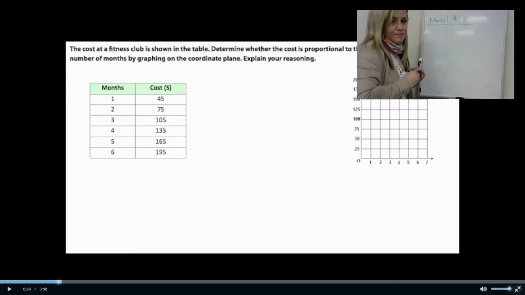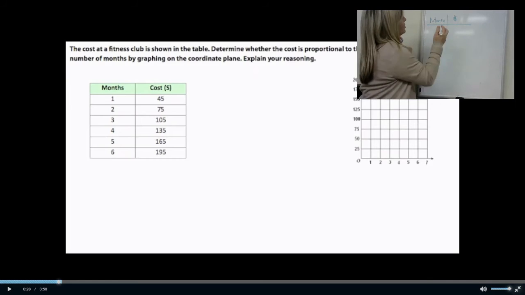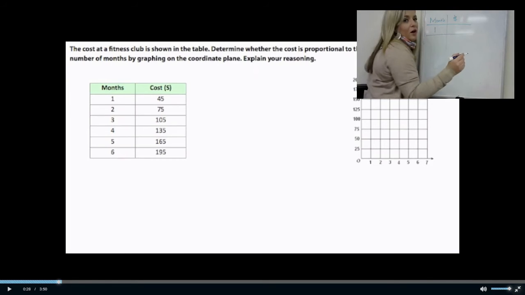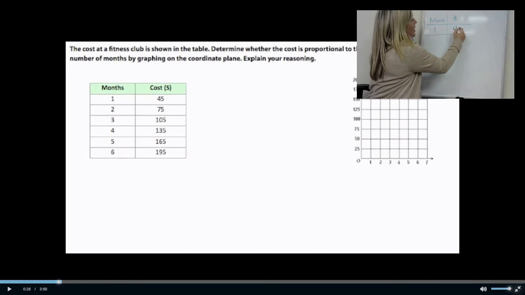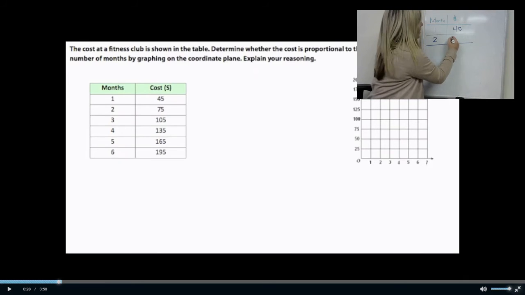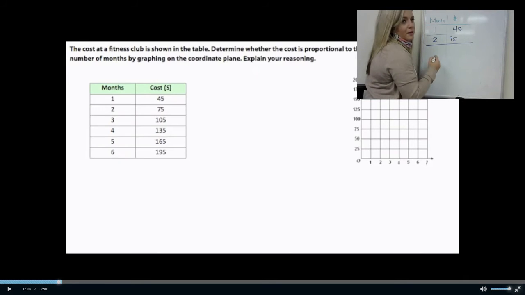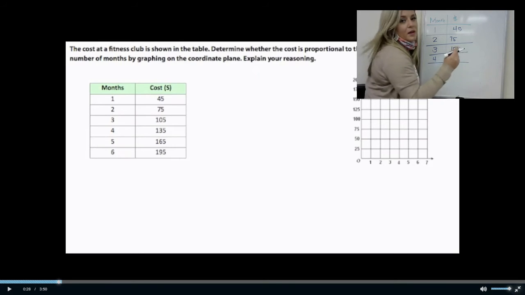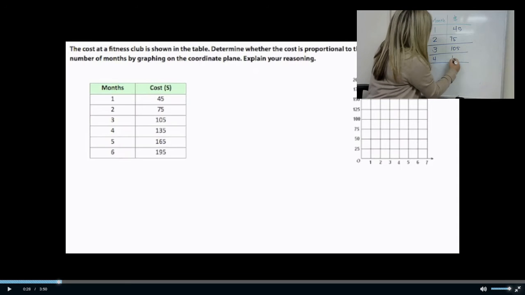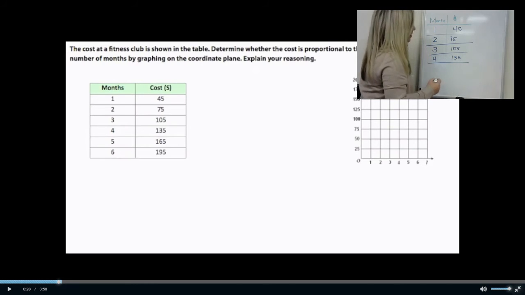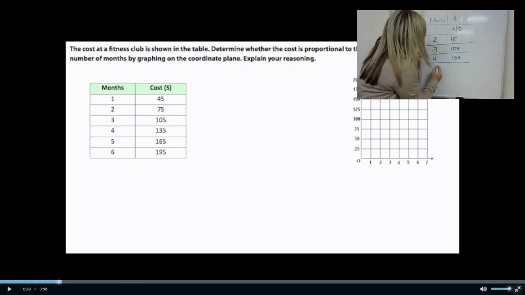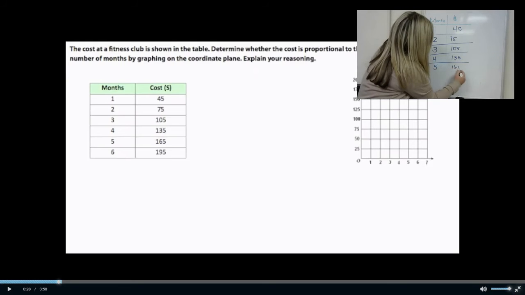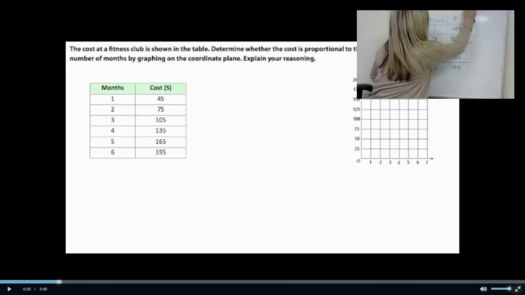Your first month is going to cost you $45. Second month is $75. Third month is $105. Fourth month is $135. And let's do one more. Fifth month, $165. I don't need to do all of that. Actually, let me erase some of this.